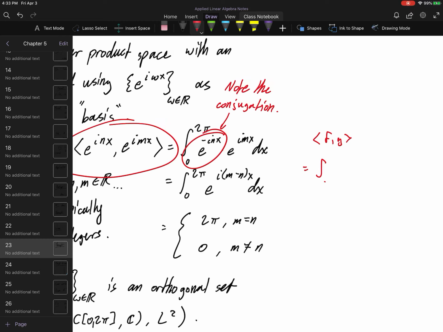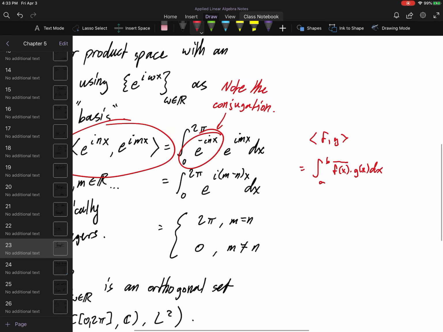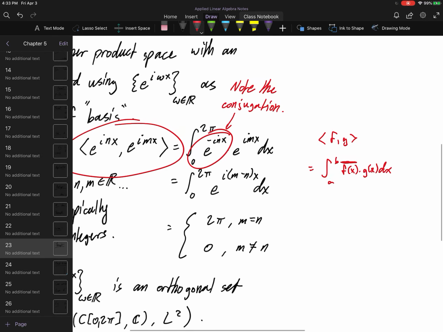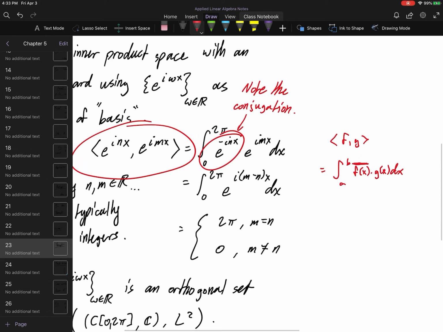If I wanted to take the inner product of f and g in a real inner product space, all I have to do is multiply the two functions f and g together and then integrate the result from a to b. But if I'm in a complex inner product space, then one of these needs a complex conjugate over it. And for right now, I'm going to say the complex conjugation occurs on the first function, f.